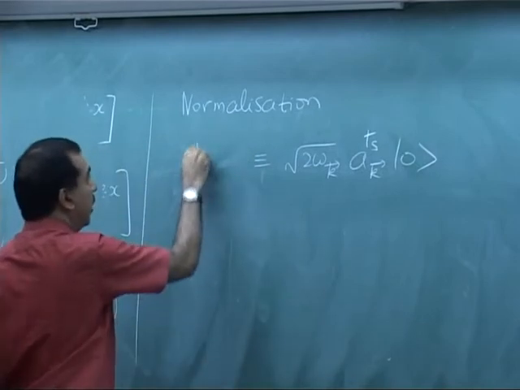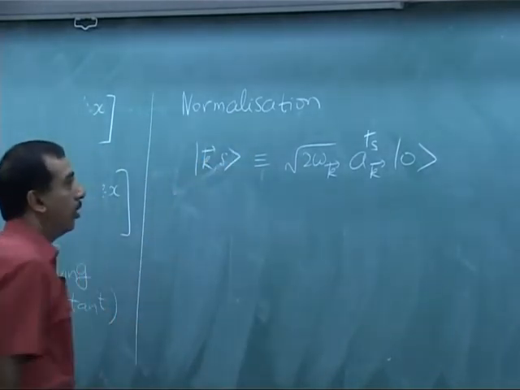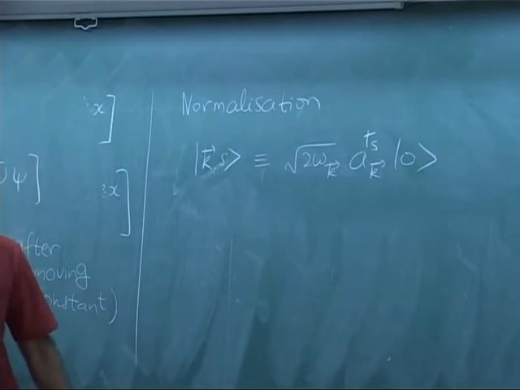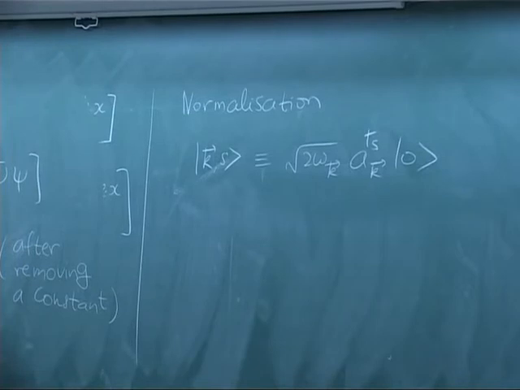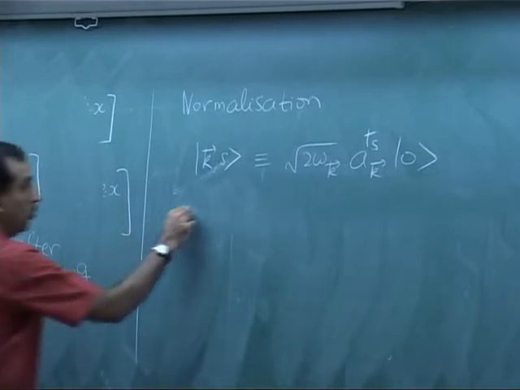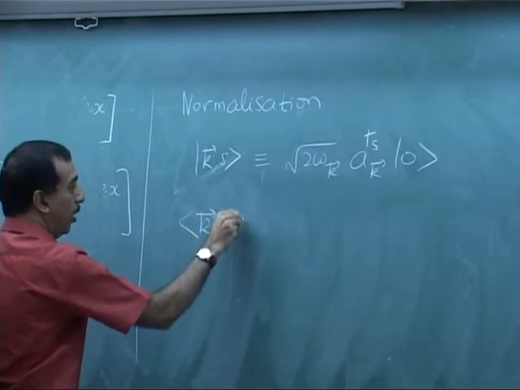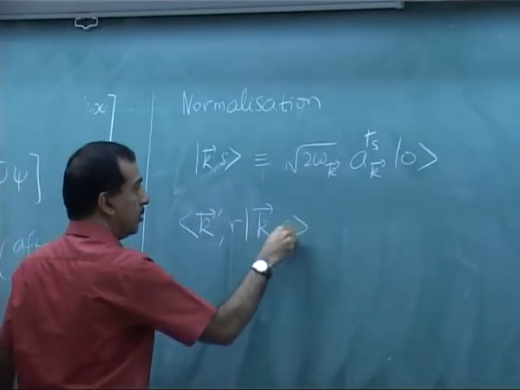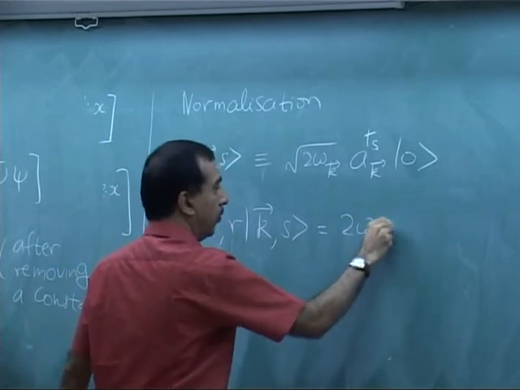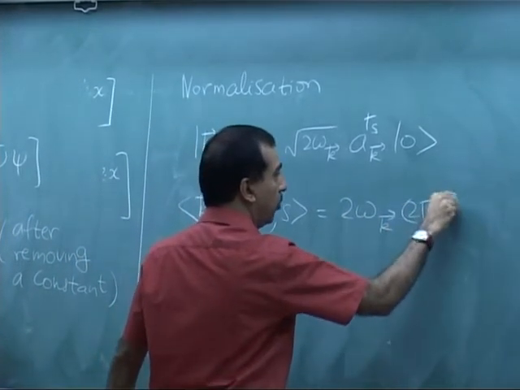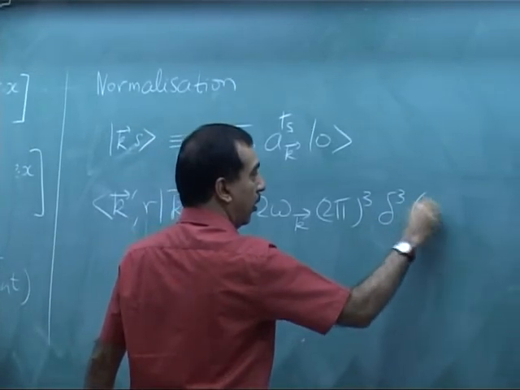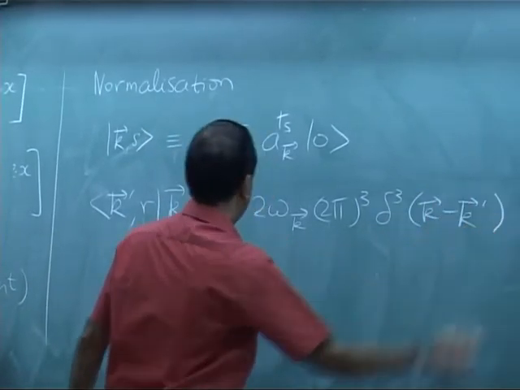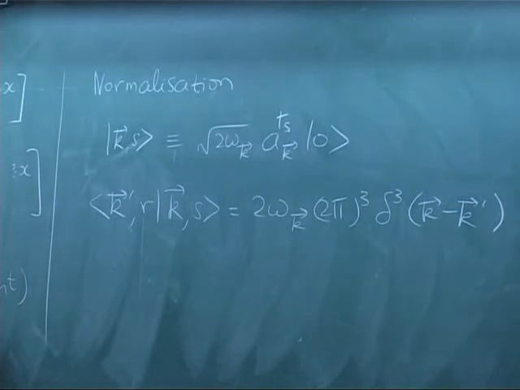So it has two labels, K and S. So therefore the normalization of this is 2 omega K. So K prime R with K S is 2 omega K 2 pi cubed delta 3 delta RS.